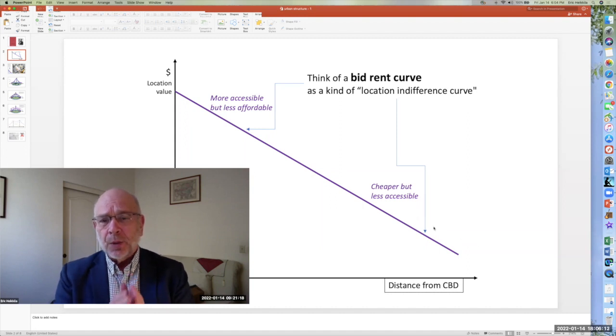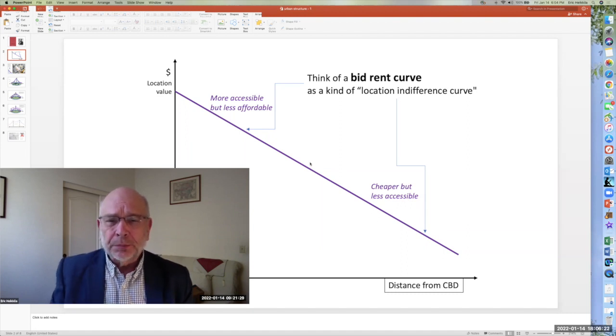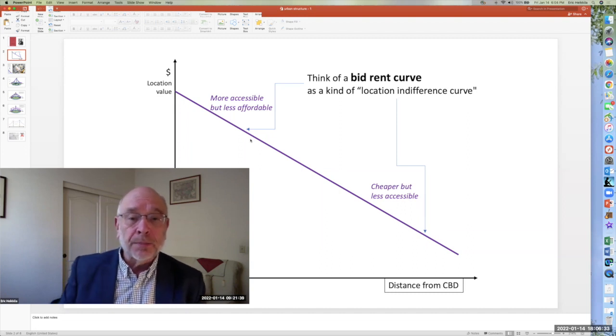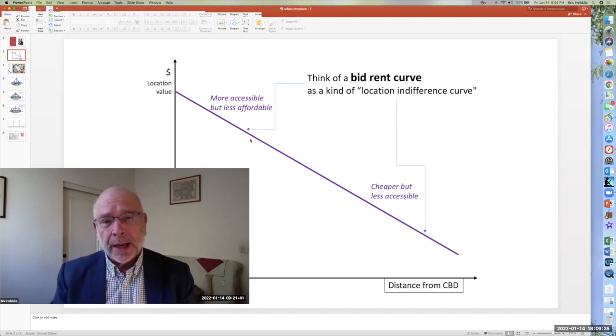And the equilibrium result would occur where none of us is able to get an edge by changing our location. If I were located at one spot, I'd say, well, I could be more accessible if I were to move closer in, but then I'm missing out on money in my pocket for other things. And on balance, I'm indifferent.